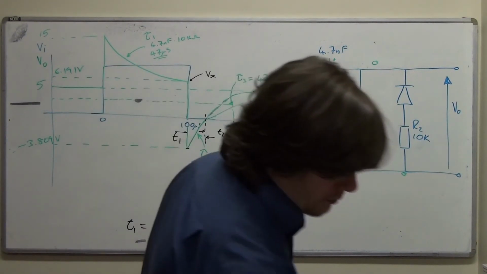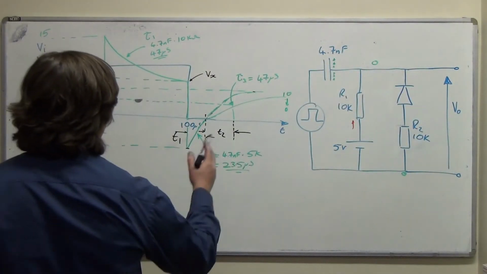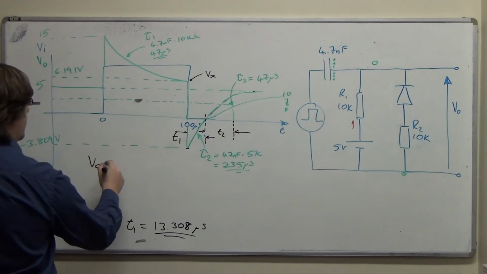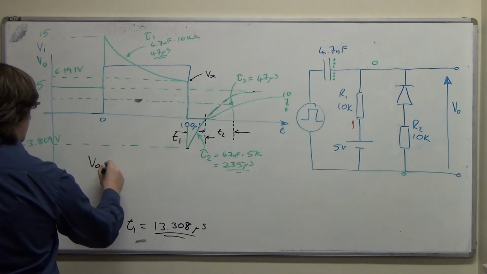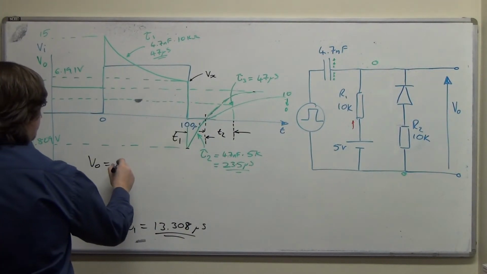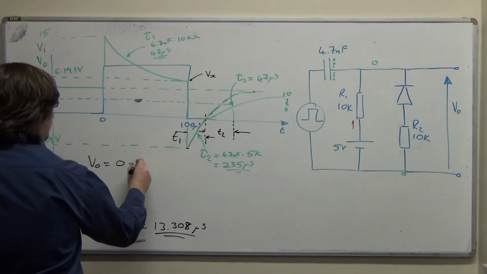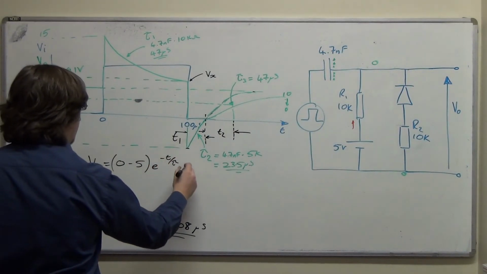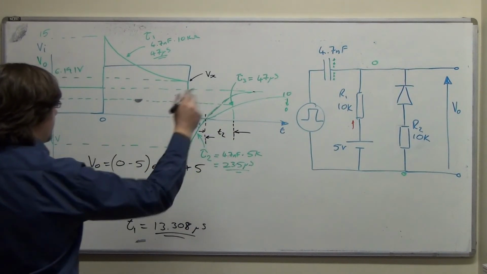We only have to worry about the more regular stuff. We've got VA, and VA goes from 0 to 5 volts, so it's 0 minus 5 e to the minus t upon tau plus 5, because 5 is our offset.